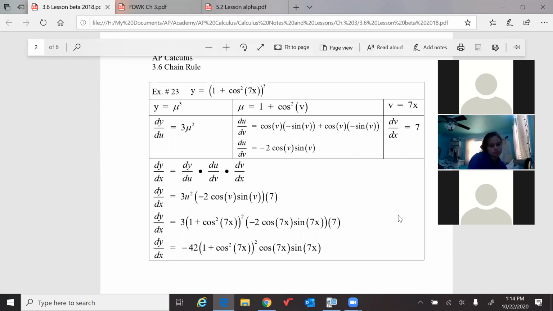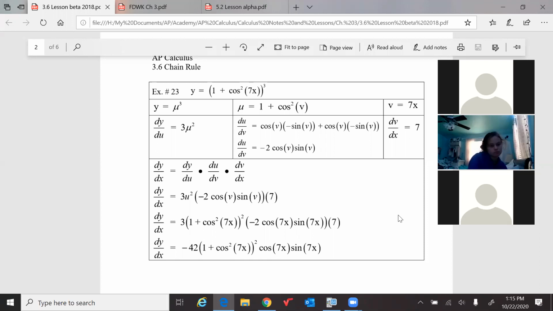This is 0, the derivative of 1. Now I got cosine squared. So cosine squared is cosine times cosine, so we're going to do the product rule. I want the derivative, in this case with respect to v, of cosine squared v. So that means the derivative with respect to v of cosine v times cosine v.